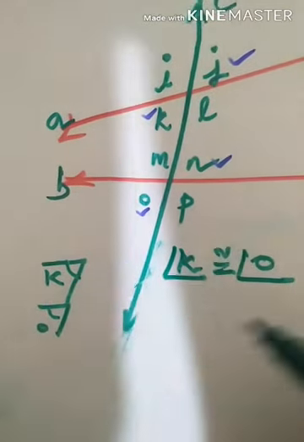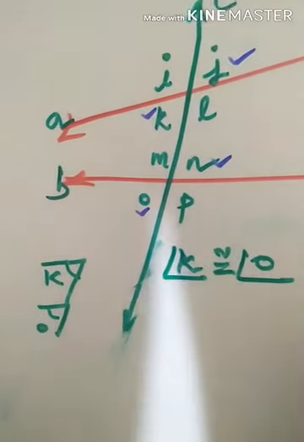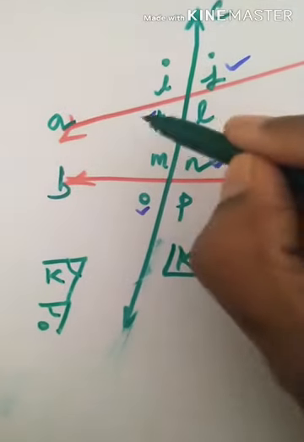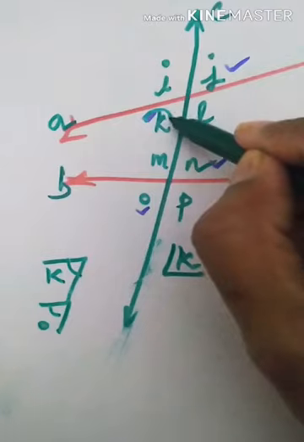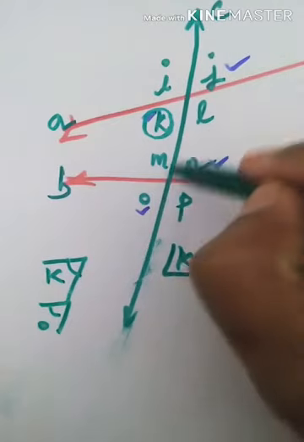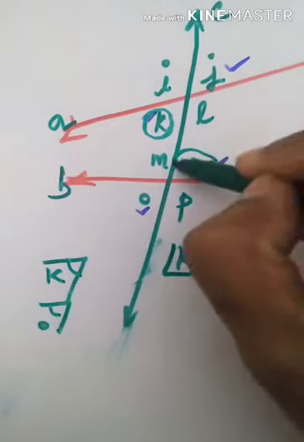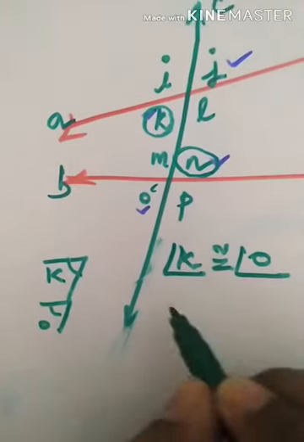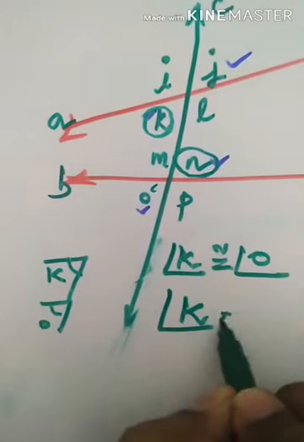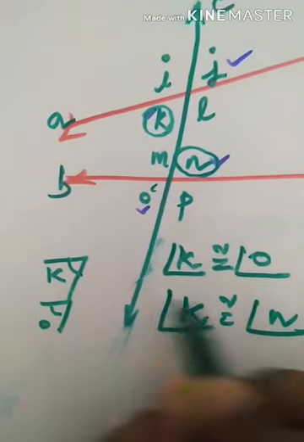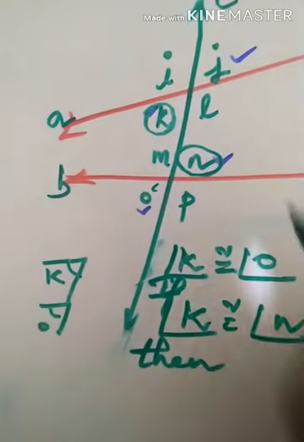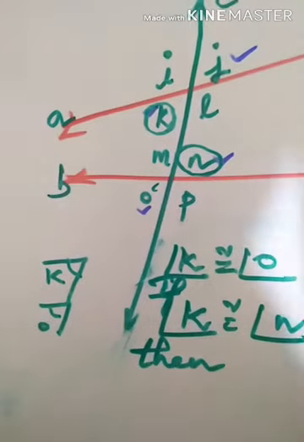One more characteristic, which is the same as corresponding. If any one pair of alternate angles are congruent, K's alternate pair is N, right? If K is congruent to N, then the other pair of alternate angles will also be congruent.